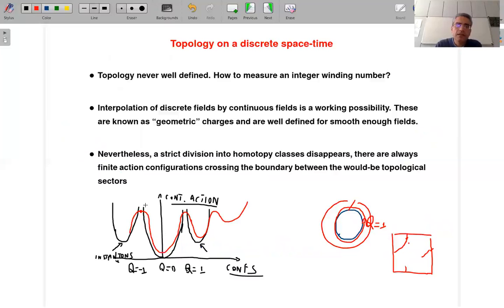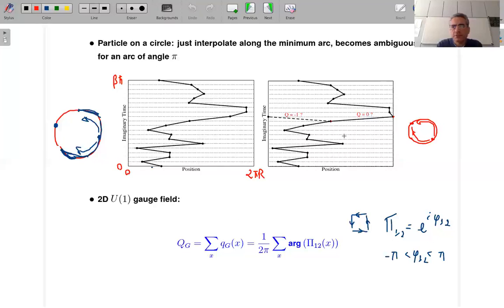And on the lattice, in discretized space-time, this configuration has a finite action. It is not an infinite action, so it has a finite weight in the path integral, so it counts. It is not suppressed. So you can tunnel from one sector to the other with a finite action configuration.